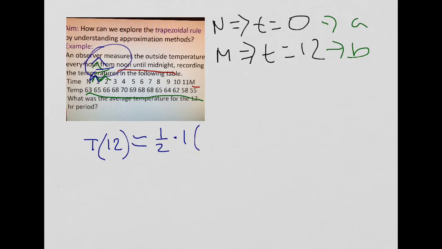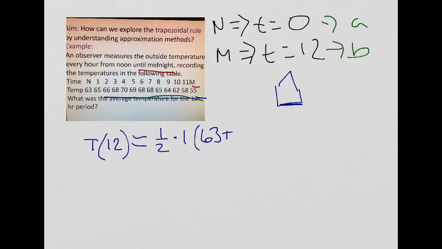And then if we're using the trapezoidal rule, we're going to start with 63 in our parentheses. And again, we can only use this if we have the same width, which is, let's say, quote unquote, the height of each trapezoid, because it looks something like this. This would be the height. So we're going with 63.